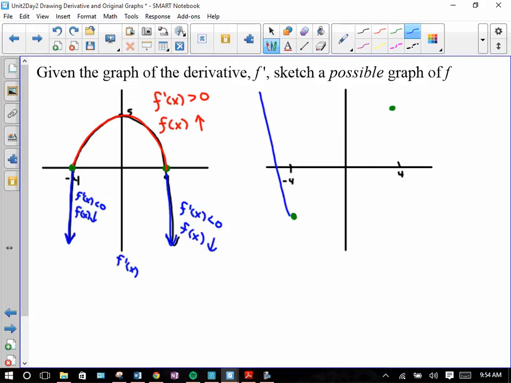From -4 to 4, this function is increasing. Correct? Right? And then from 4 to infinity, this function is doing what? Decreasing, because f prime is negative.